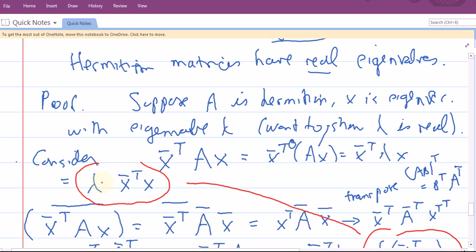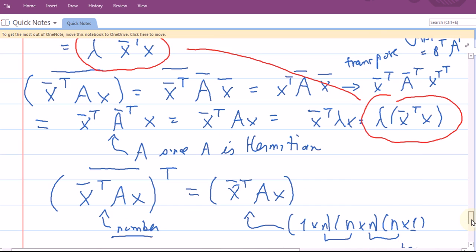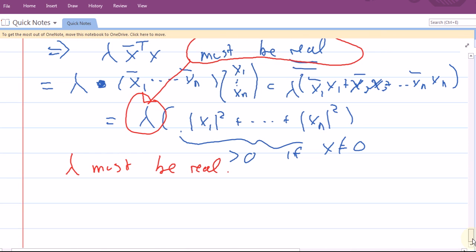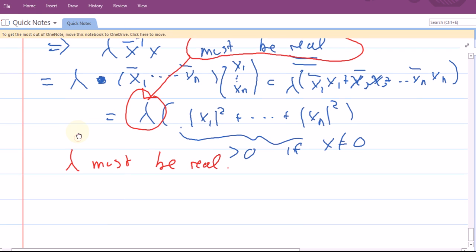So that means that lambda x conjugate transpose x must be equal to its own conjugate transpose. And then we showed that this part was real, which implied that lambda must also be real. Okay. A little bit long proof the first time, but you get used to this kind of proof. It's very common in linear algebra. First time exposure, it must look quite complicated.